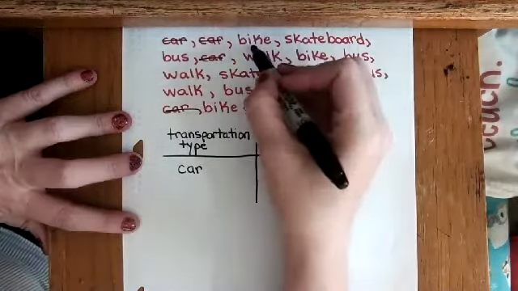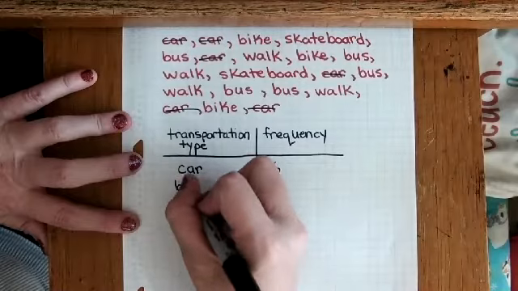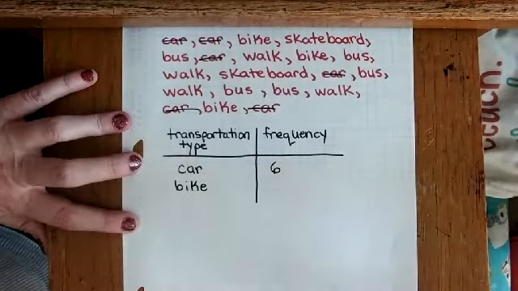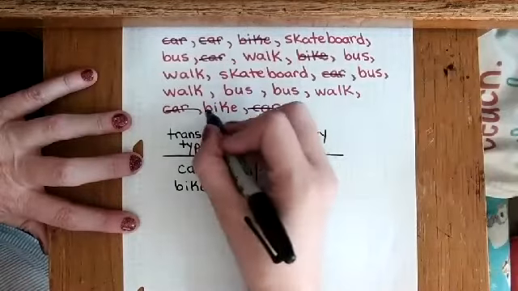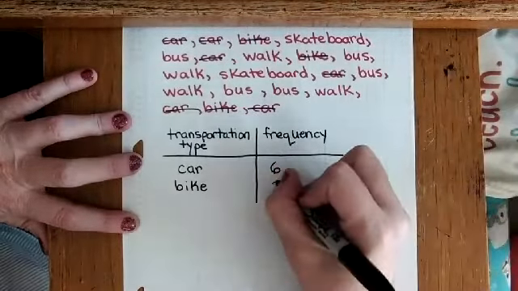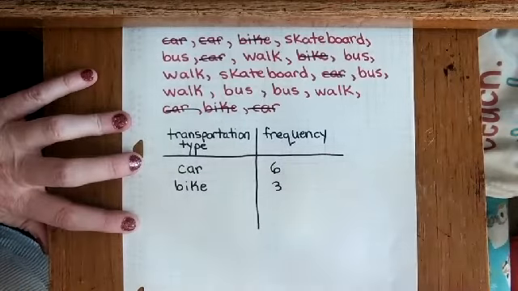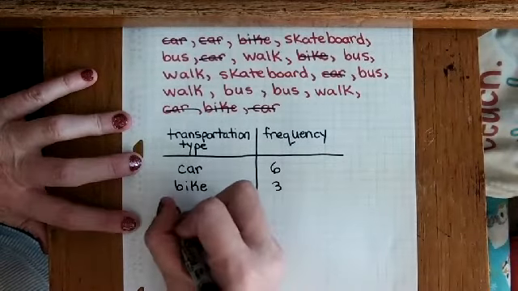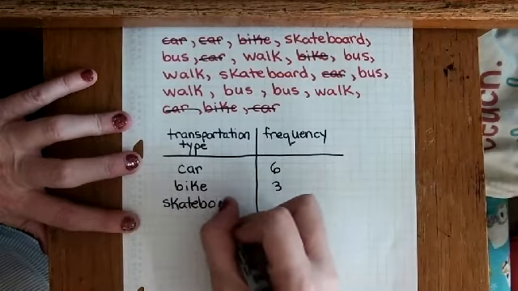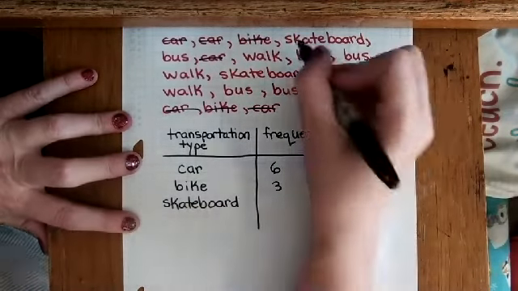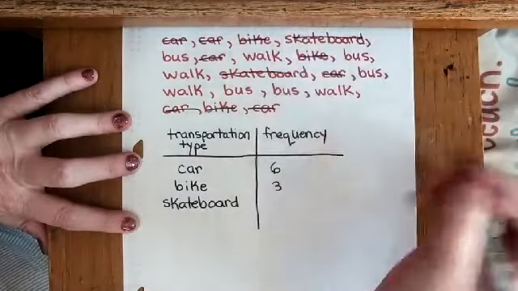We have a bike as a type of transportation, and the bike is 1, 2, 3 of these entries. We also have a skateboard, 1, 2 times.